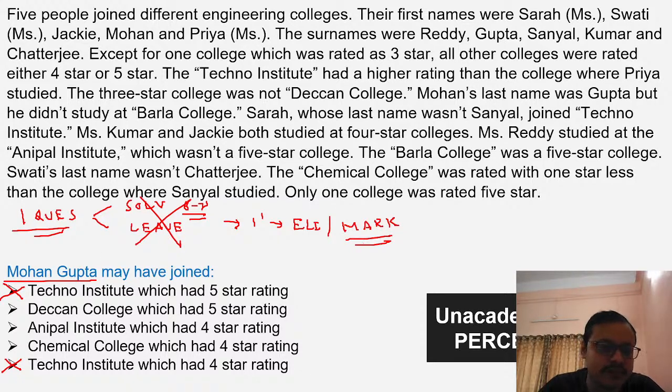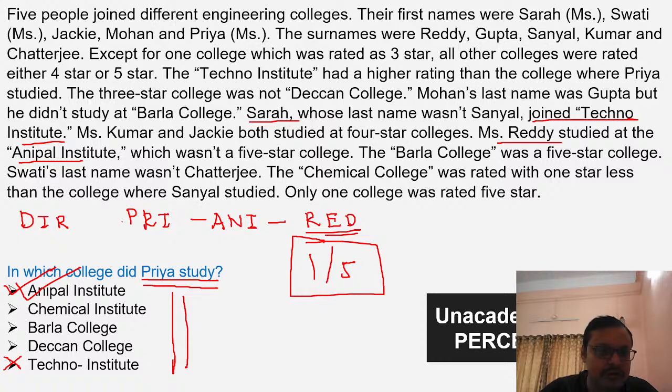So here we are talking about which of the colleges Mohan Gupta may have joined. We already know Techno is eliminated because we had a direct clue which was Sarah joining Techno. Also, from the next question we know Priya is Nepal.